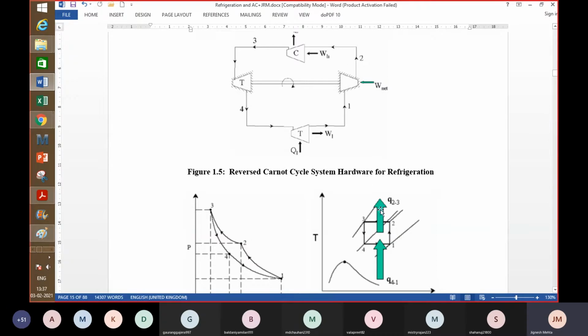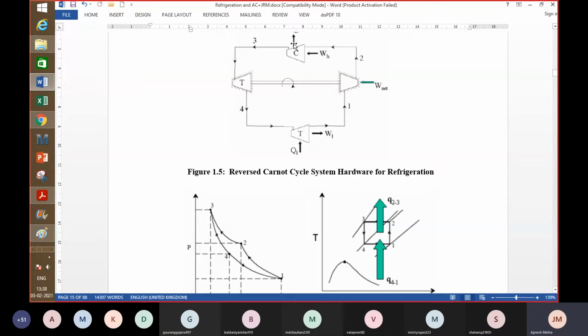Then the next process is 2-3, that is isothermal compression. You can see it on the PV diagram also, pressure increasing, volume decreasing. So it's a compression process, but it is supposed to be isothermal. Now you can make compression an isothermal process only if you are able to reject heat at the required rate.